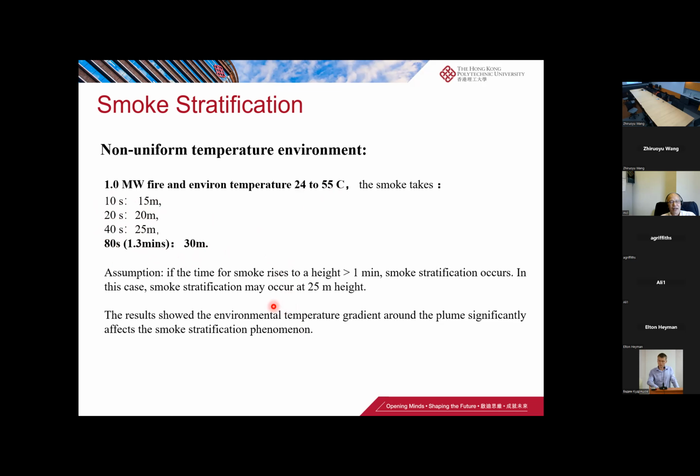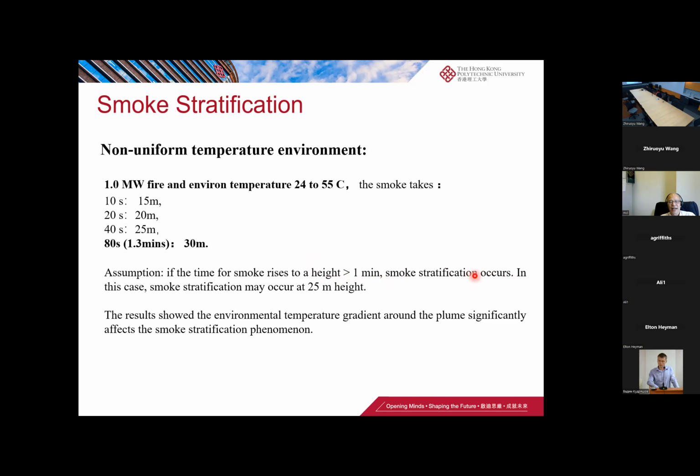Because we do not measure the smoke stratification, it can only be estimated by observation. So if we assume the time for smoke to rise to a height is larger than 1 minute, smoke stratification could occur.